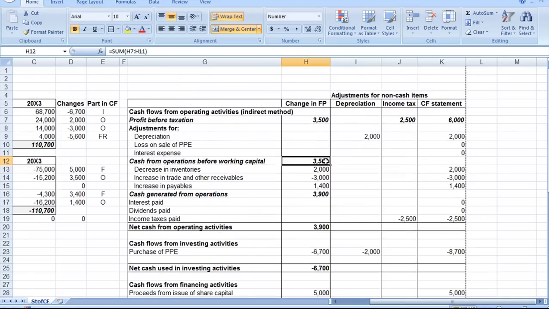So after we added numbers together, we can make our subtotals.